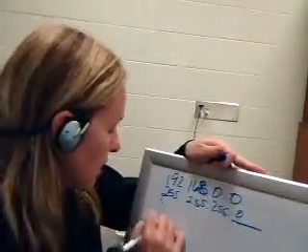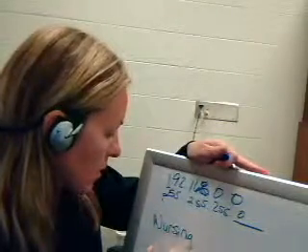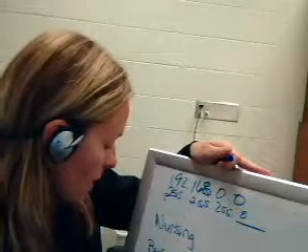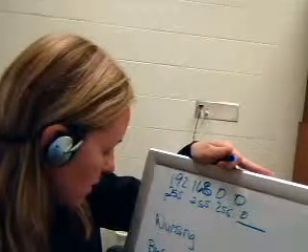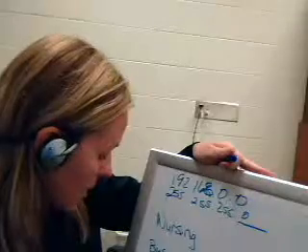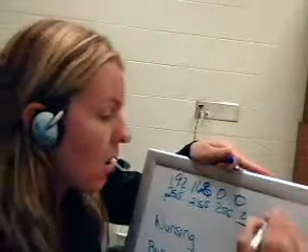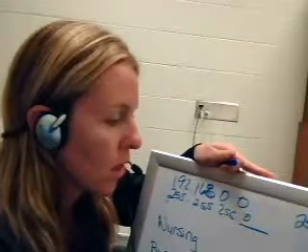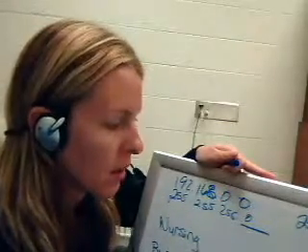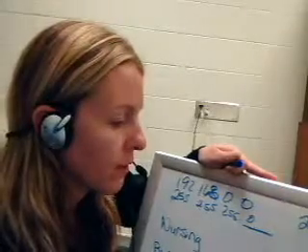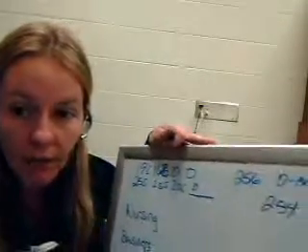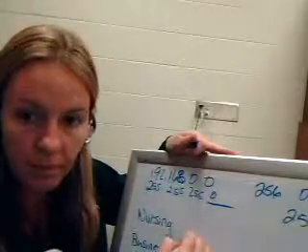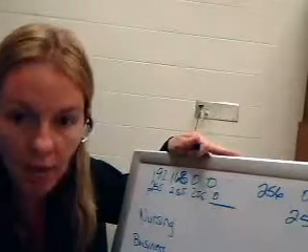We want to do nursing, business, computers, and chemistry. So we're going to take all 256 addresses, not using 0 or 255. So we're going to use all 254 addresses effectively in this scenario. Nursing, business, computers, chemistry.